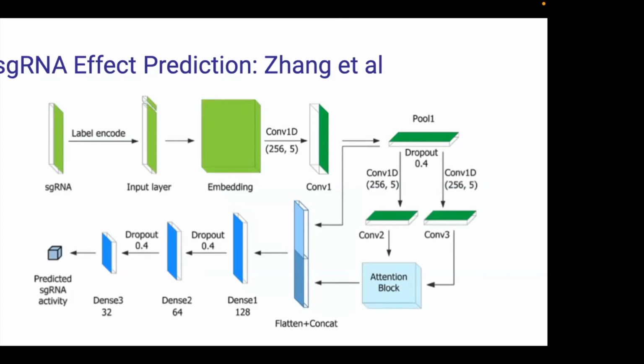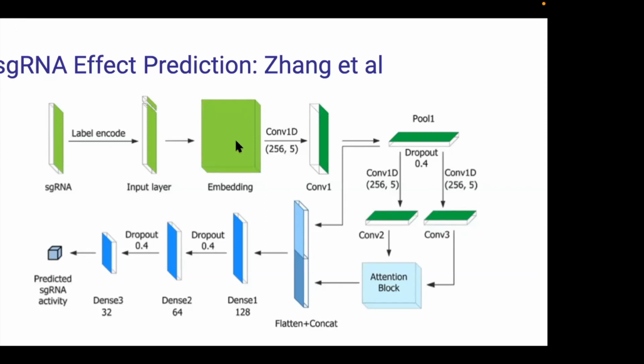And then finally, we have this third paper, sgRNA effect prediction by Zhang et al. A fairly simple model, for predicting the on-target or off-target accuracy. We have a label encoder. The sgRNA sequence, the one we designed or one the computer designed, would be supplied as an input here.